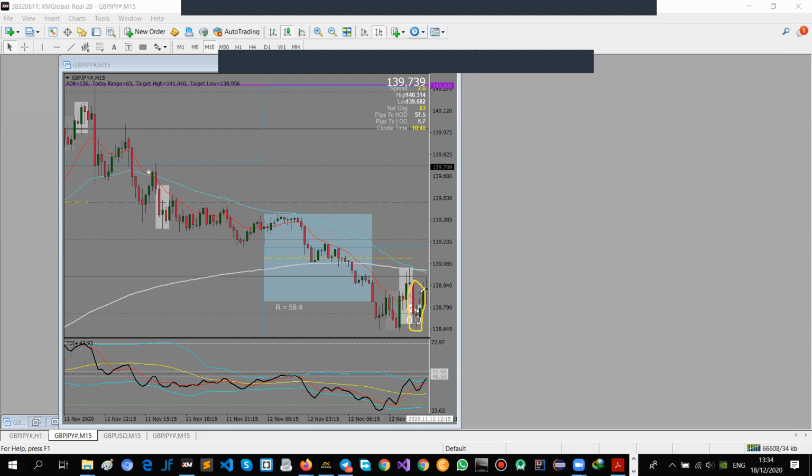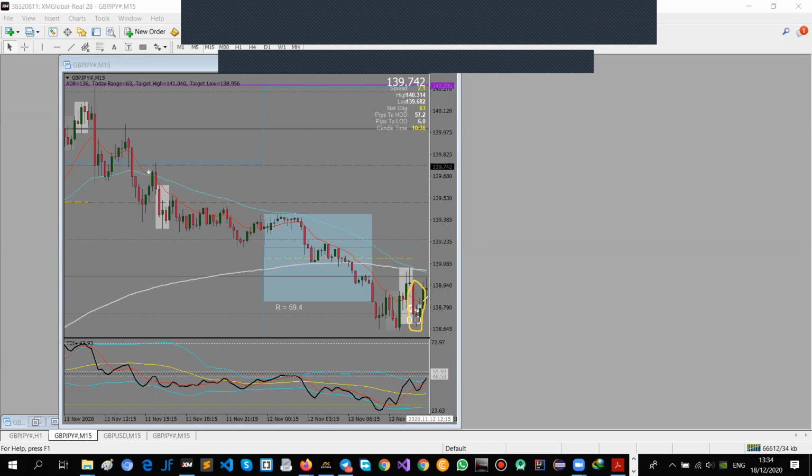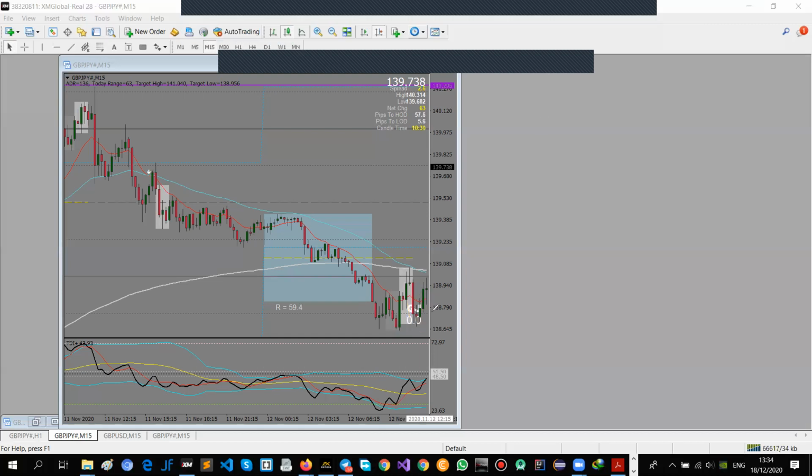Then what happens? After it gives us an evening star, it closes above the 13 EMA there. Price then goes on to close above the 13 EMA here. So after the close above the 13 EMA, we're supposed to enter buys. But then what do we see that the price does?